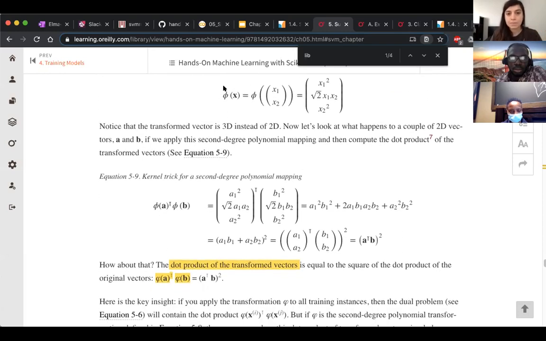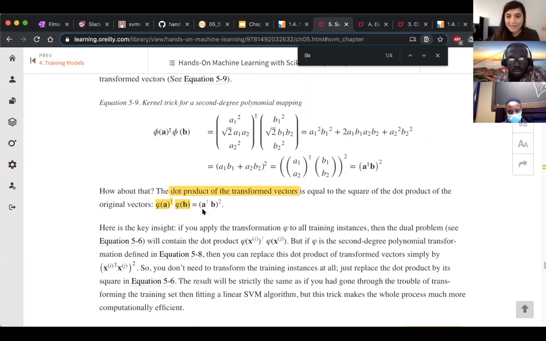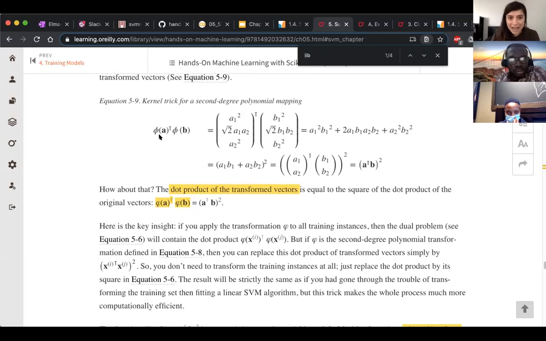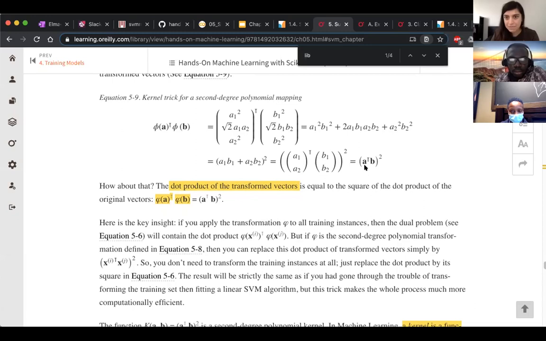By the way, this is phi. If I consider A as a feature and B as a feature, and we add a transformation function to them, and we take the dot product of them, it's going to end up as if you didn't transform it. We didn't even have to do the transformation.